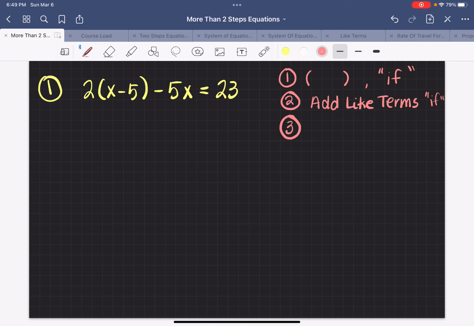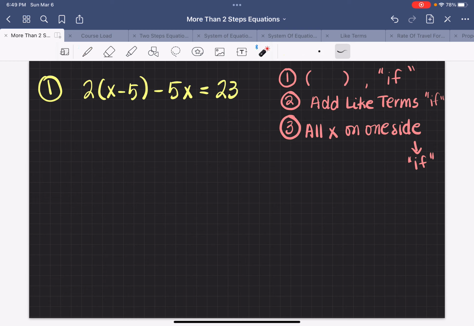Number 3 will be put all your x's, or all your variables, on one side of the equation. And I'm going to again write "if" because this is if you have x's on both sides of the equation.